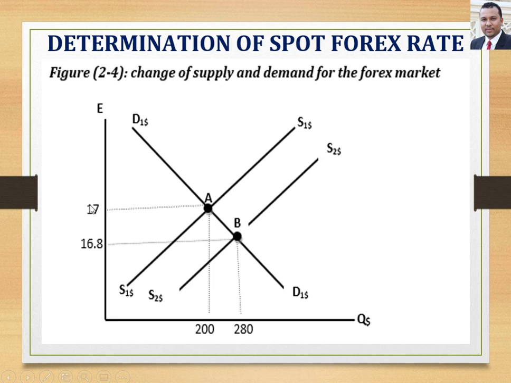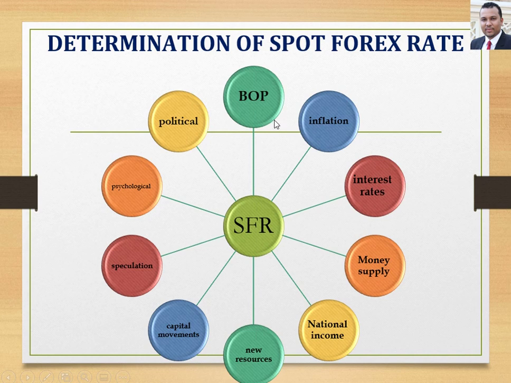Finally, the spot exchange rate decreased from 17 Egyptian pounds per dollar to 16.8 Egyptian pounds per dollar. This is the factor of balance of payments.